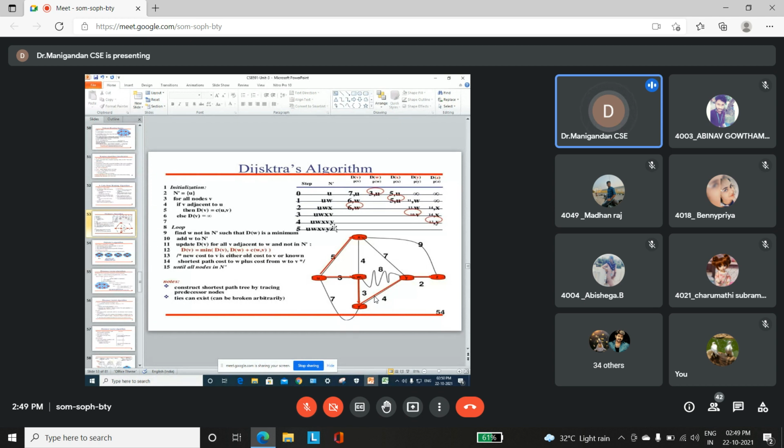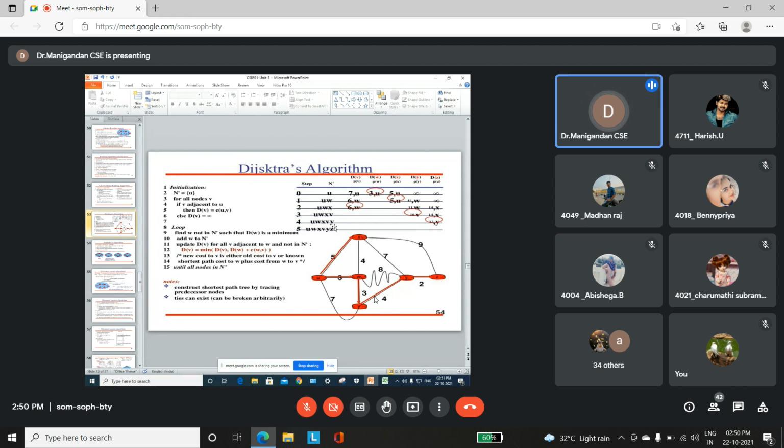So by using the shortest cost value, the shortest path tree, we are tracing the values from one node to another. The values to travel from source to destination are assigned with the shortest path. The starting node, the first step, will be u, and then the second step u comma w, and then the third step we are adding u comma w comma x, and then in the fourth step we are adding u comma w comma x comma v, and then u comma w comma x comma v comma y, and then in the fifth step we are adding z.